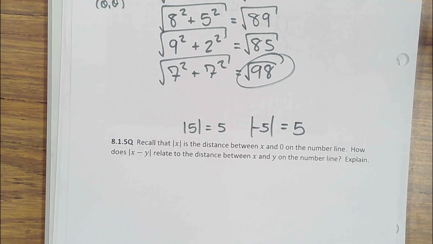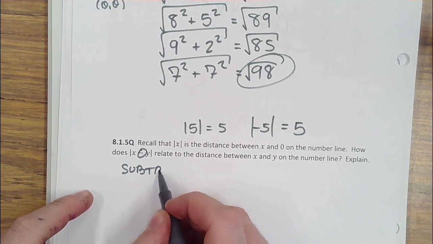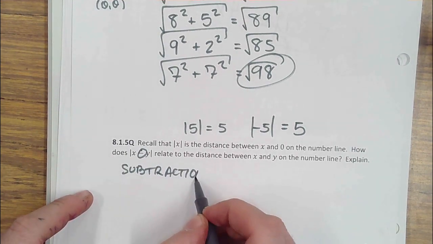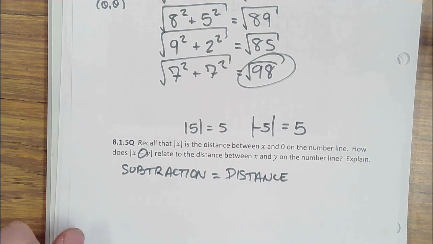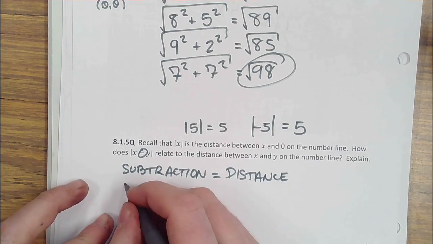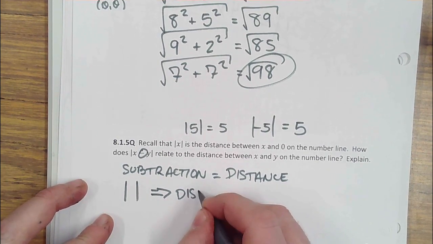Joseph, I'm on 10, you're on 2. How far are we away? Distance is subtraction, right? So the first reason why we have this is subtraction is distance. And why are we using absolute value? Because distance is always positive.